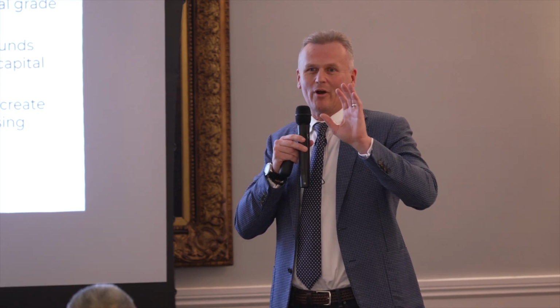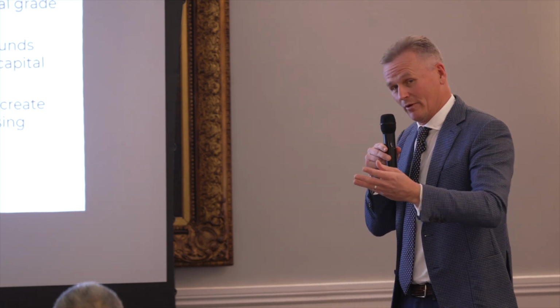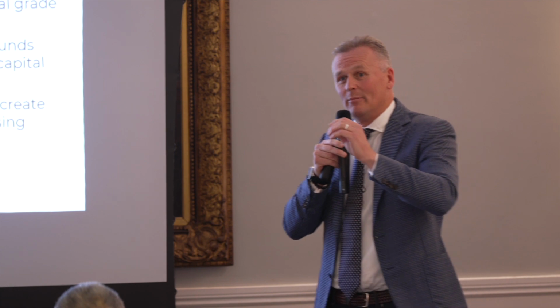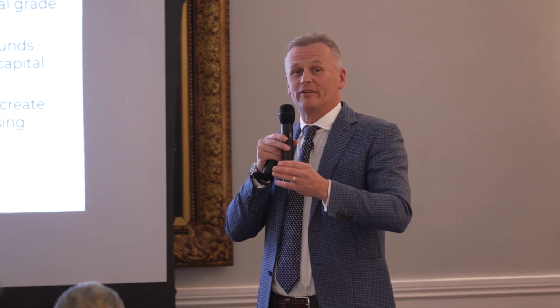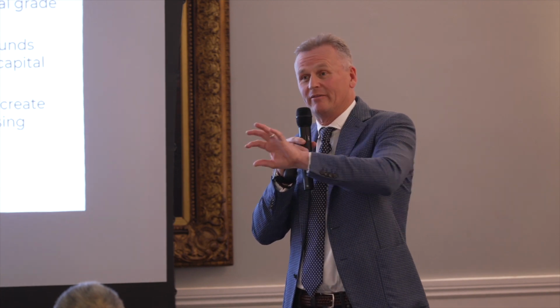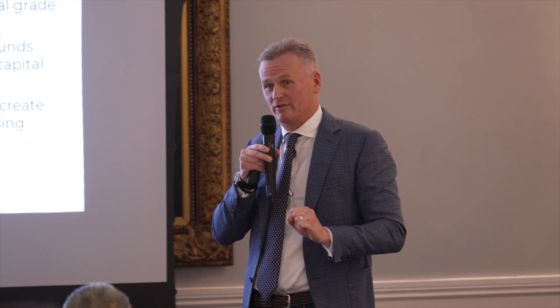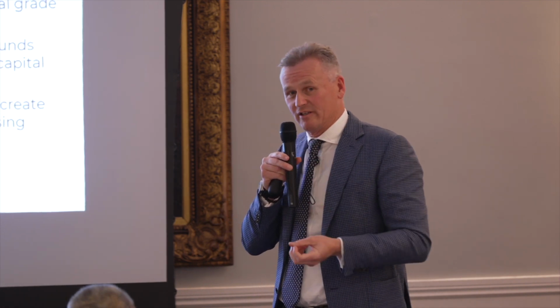So, for example, if you buy a building for $100 and it's generating $10 a year in income, it's worth $100. But if you can get the rental income up from $10 to $12 or $13, prima facie, the value of the building will go up, and also the amount of income that you can distribute to your investors goes up. So we call that manufactured growth, where you improve the leasing profile.